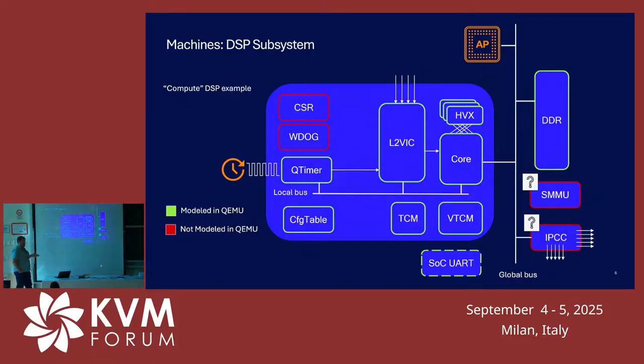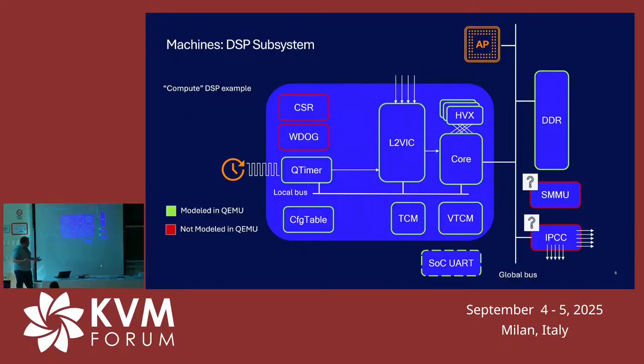And then there's the vector tightly coupled memory, which is used for the vector coprocessor and more. The config table is a ROM. It's sort of like feature bits for what the capabilities of this system are, how it exists in the context of the SoC.